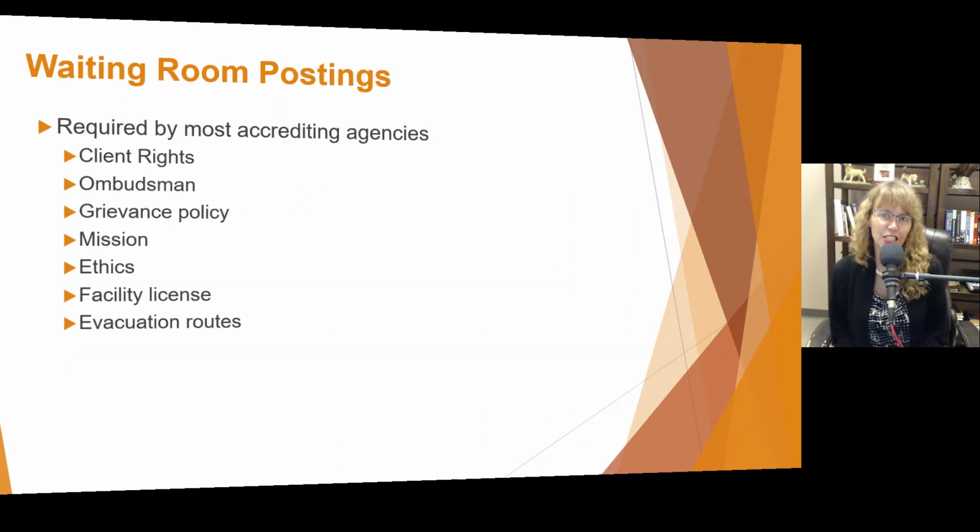Waiting room postings are required by most accrediting agencies, and some states also have this in their laws and regulations for patient rights.